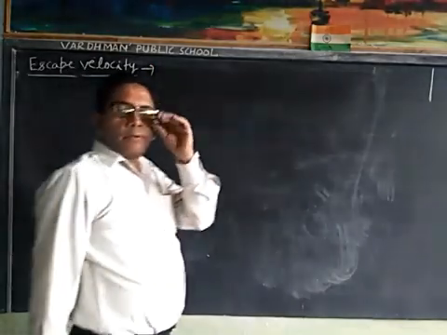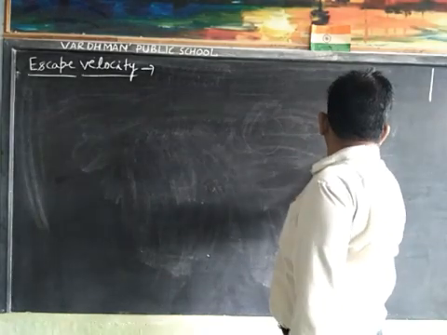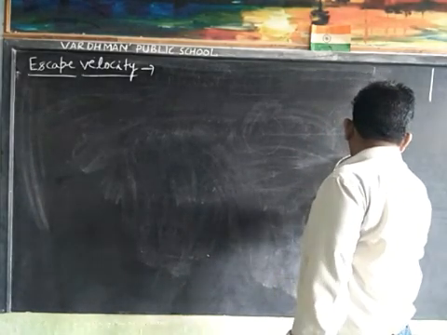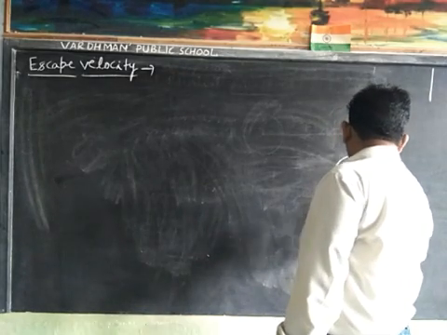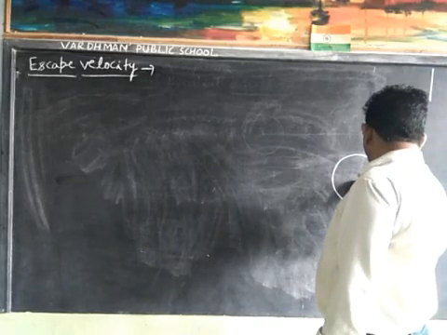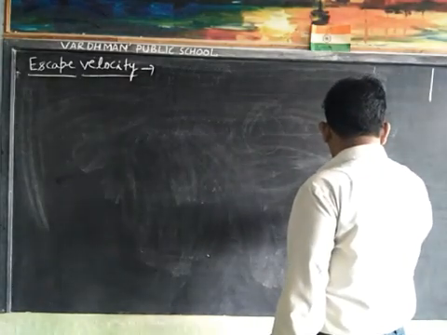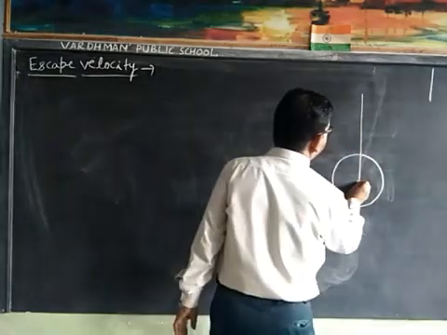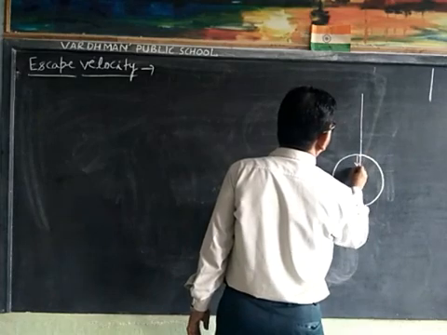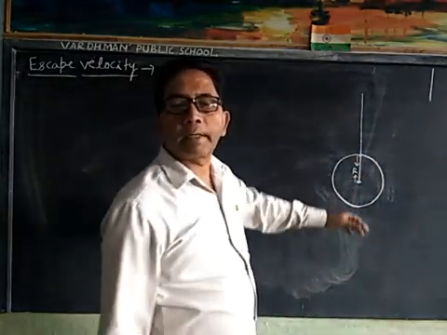First, we draw the diagram for the escape velocity. Suppose this is our Earth and this is the radius of the Earth.